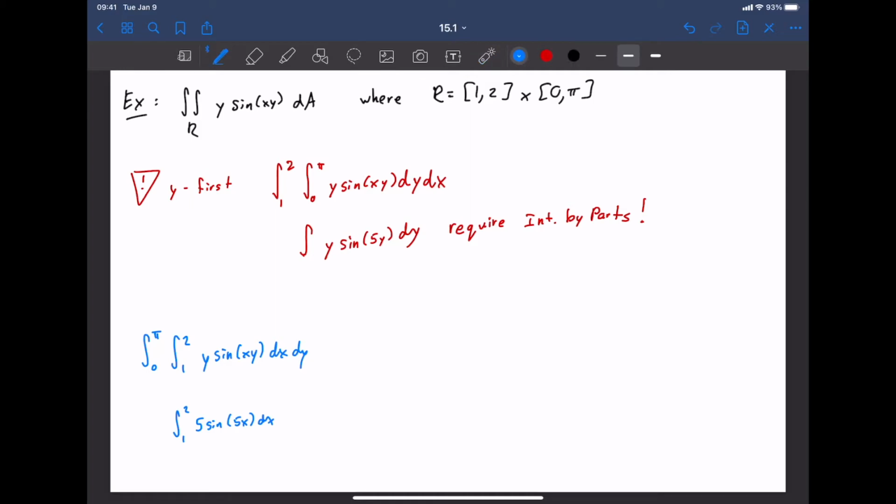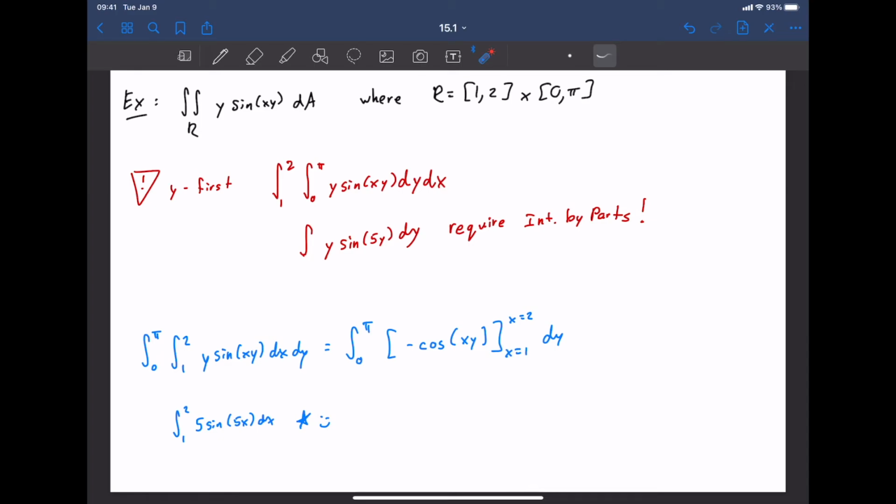This is a good integral. So we can just go right on and find the antiderivative here, and get negative cosine xy from x equals 1 to x equals 2 dy.